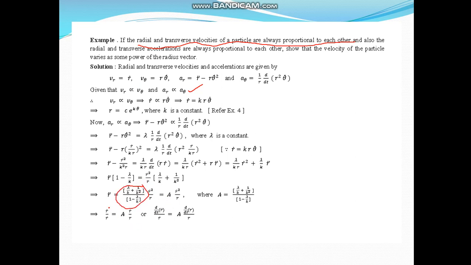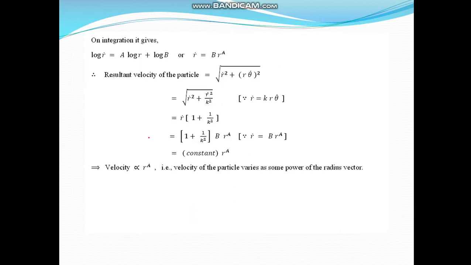So r double dot upon r dot, bringing one r dot into the denominator from here, equals a r dot upon r, or we can write d by dt of r dot upon r dot equal to a d by dt of r upon vector r. Just integrate.